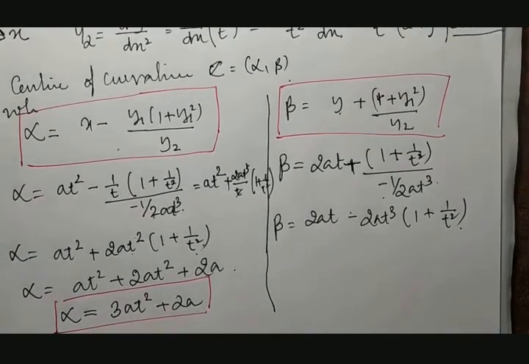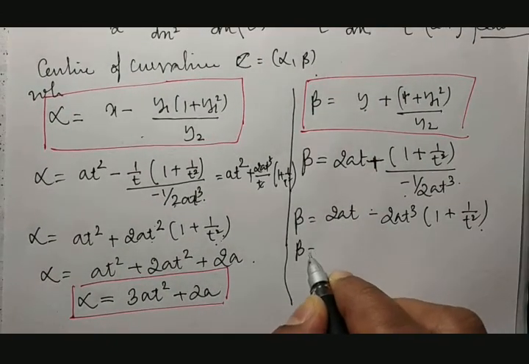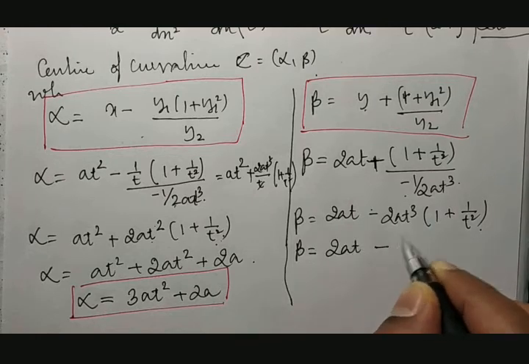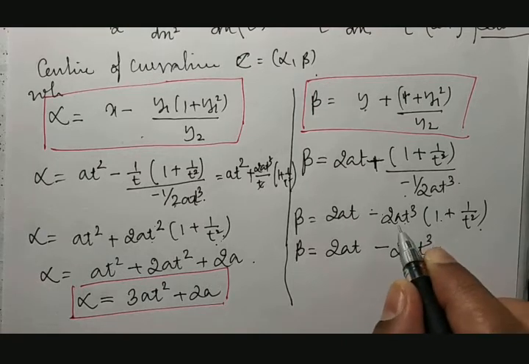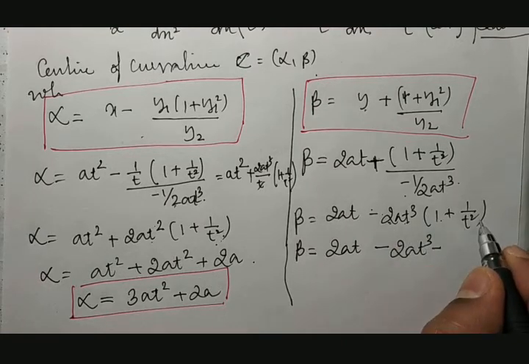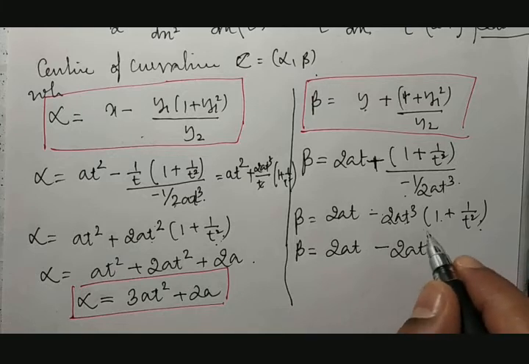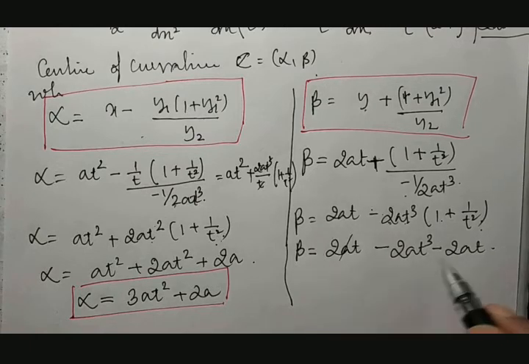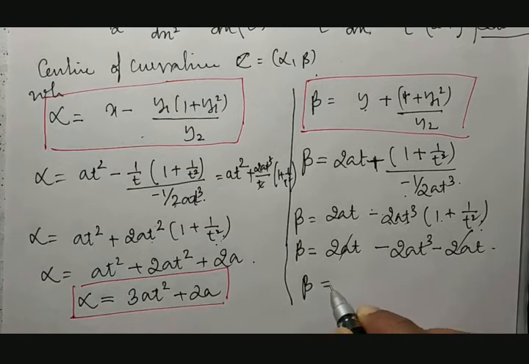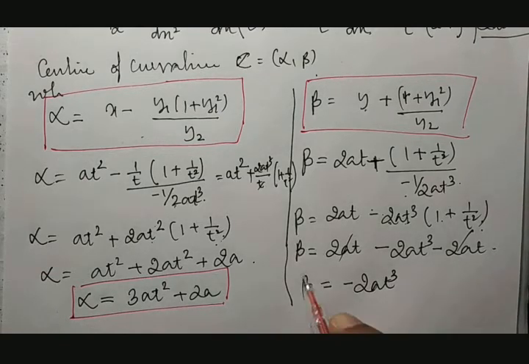Therefore, beta is equal to 2at minus 2at cube into 1 is 2at cube, plus of minus minus, then 2at cube into this will be 2at. This 2at gets cancelled. Therefore, beta is equal to minus 2at cube. So this is the value of beta.